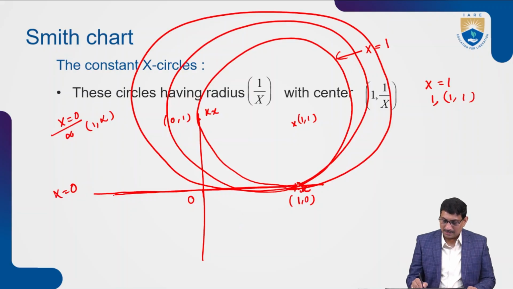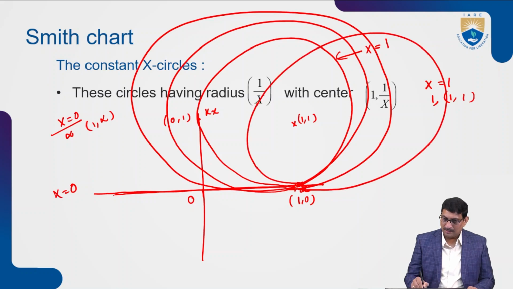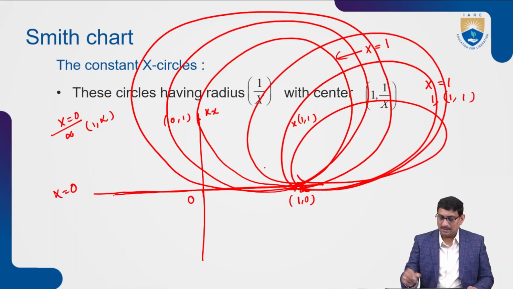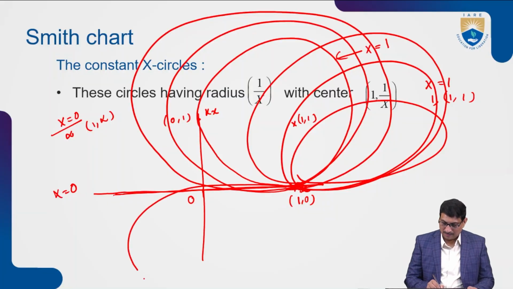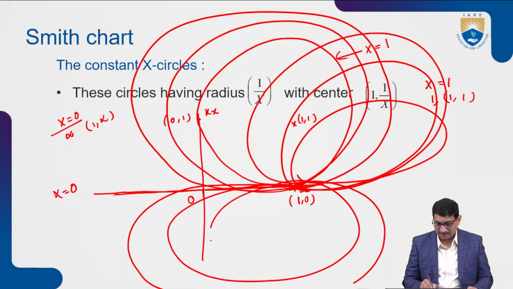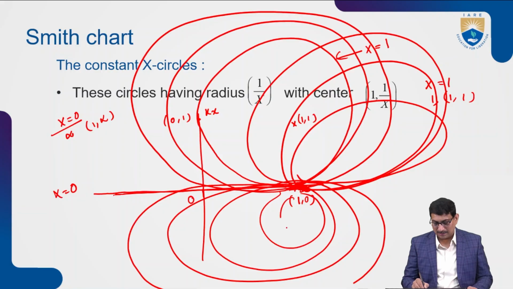And if we take x equal to 2, it goes and again comes back, x equal to 10, x equal to 20, like this, the circles. Similarly, if I take x equal to minus 1, or x equal to minus 0.1, the circles will be like this, like this, like this.